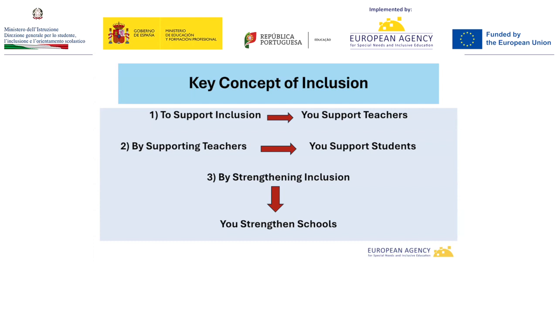So the first thing is that number one, you need to recognize that to support inclusion, you have to support teachers. They're the ones that are going to be doing the work with the students in the classroom. That's fundamental. To support inclusion, support teachers. Number two, by supporting teachers, you support students.